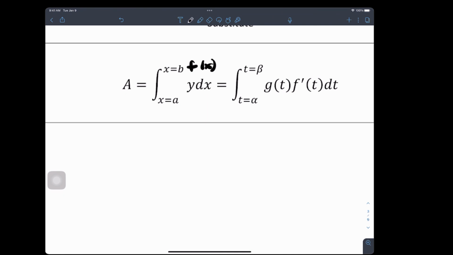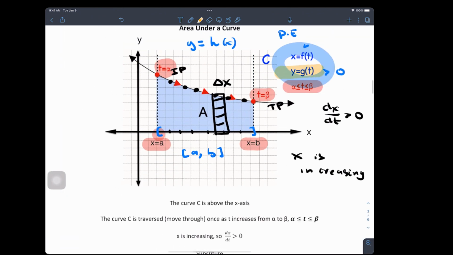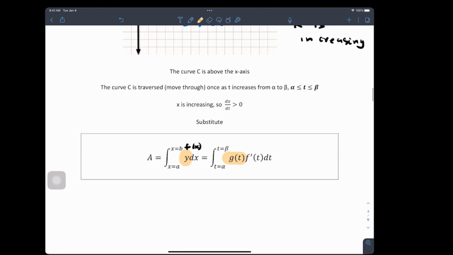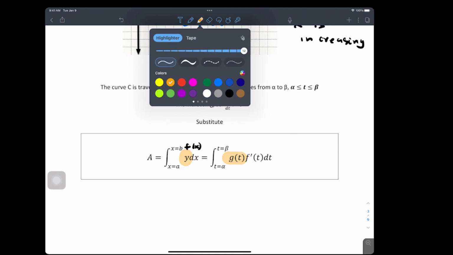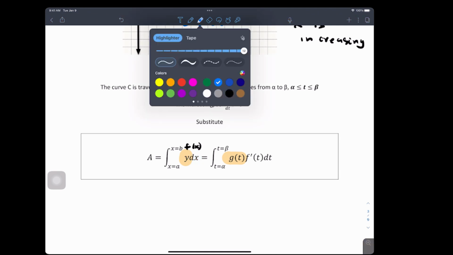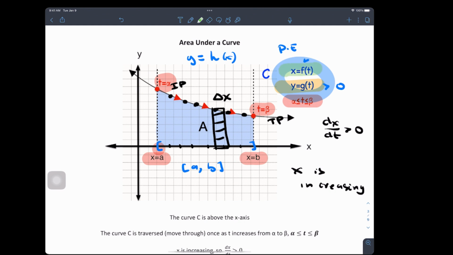But now what we're going to do is remember the y function here is just g of t. So the y coordinate of this y is right here. It's g of t. And then you say, well, what do we do with dx? What's happening with this dx value? Maybe we'll color it green. Well, what is x anyway? x is over here, right? f of t.